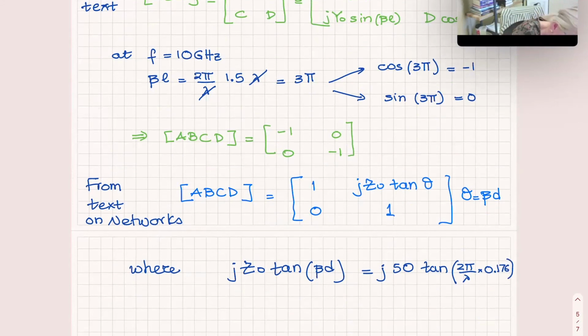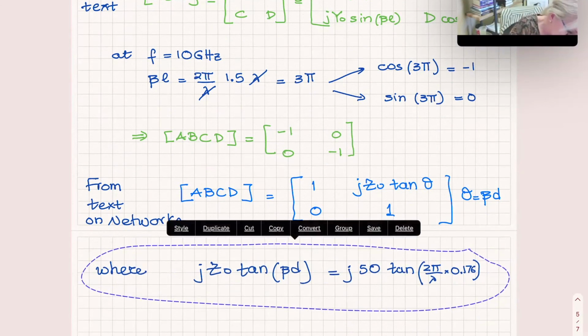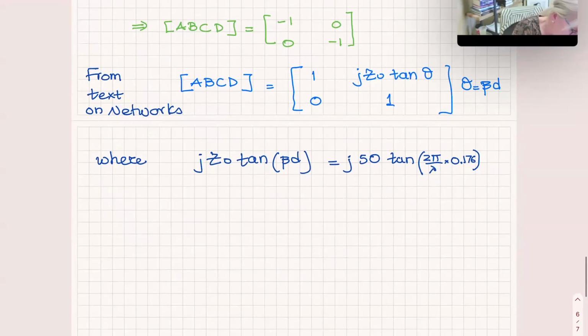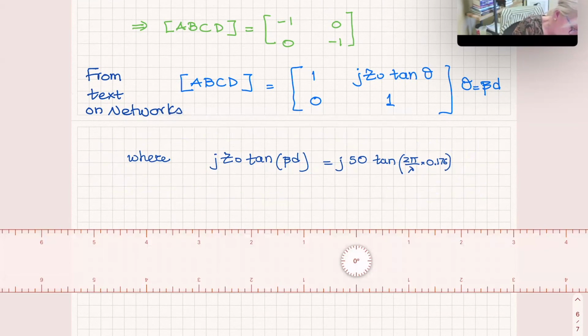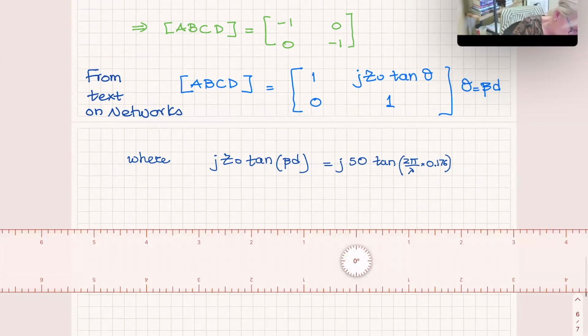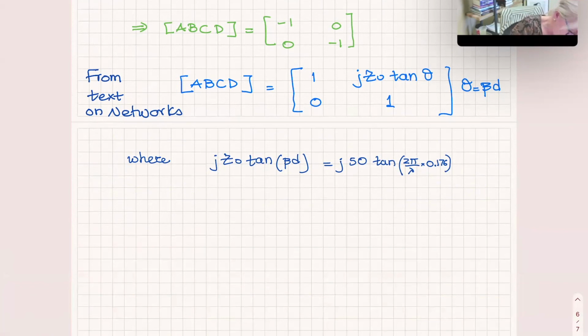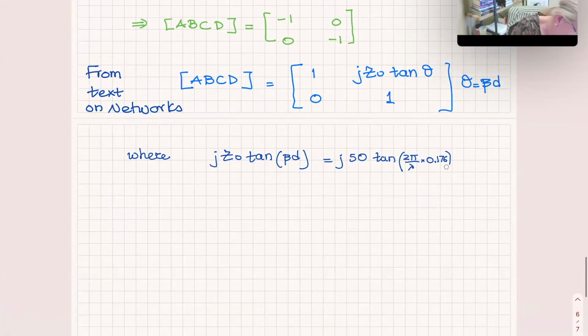0.176. Okay, let me move it a little further here. And then that. Okay. And then we have lambda, obviously. I missed a lambda here. Lambda.